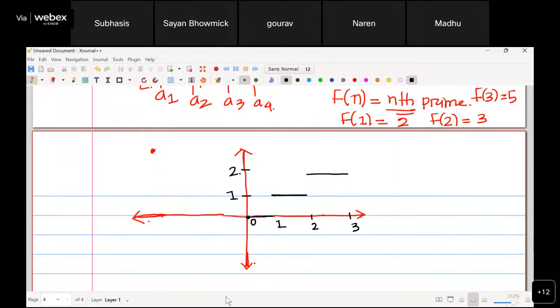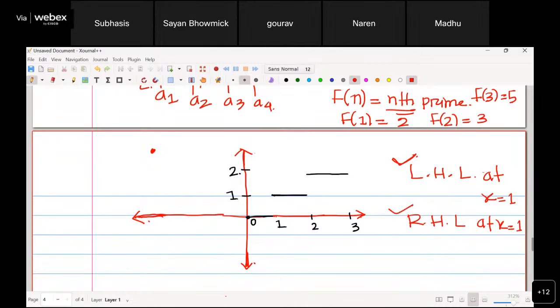Let's say 1. I want to compute the limit of this function at 1. That is my main aim. To compute the limit, I need to find the left hand limit and the right hand limit at x equal to 1.